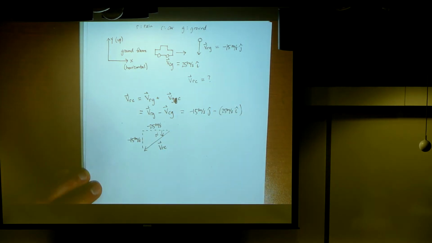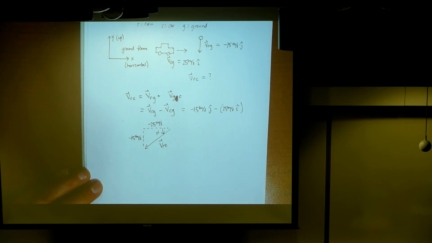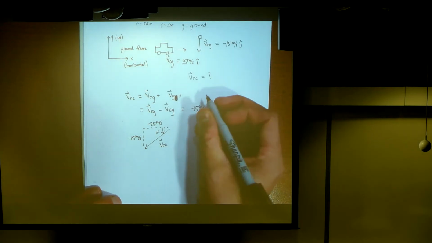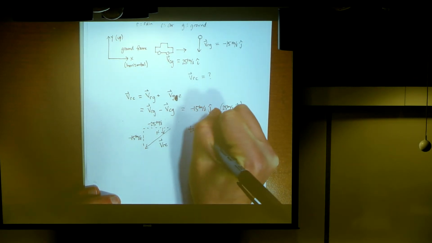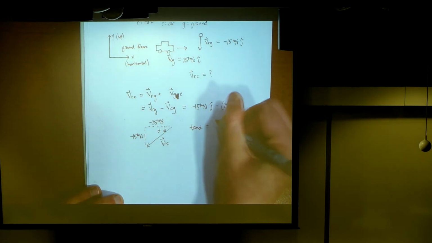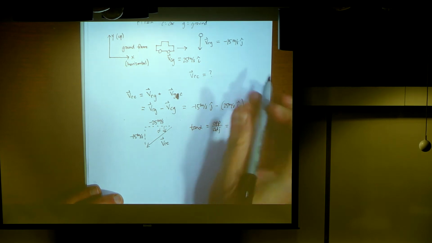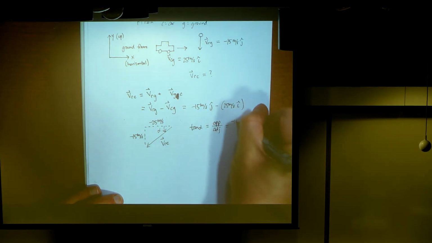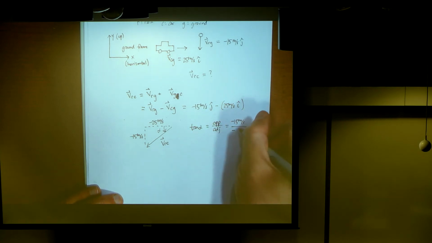Any ideas how I can solve for alpha? Yeah, just use tangent. Try it out. Tangent of alpha equals what exactly? What's the definition of tangent? Let's just go through that again. Yeah, so it's opposite over adjacent. The opposite side is minus 15 meters per second. The adjacent side is minus 25.